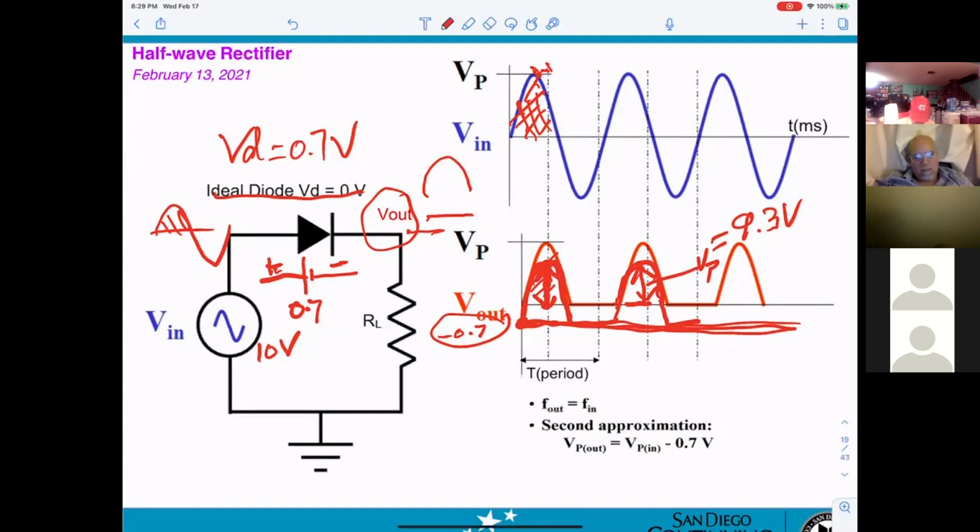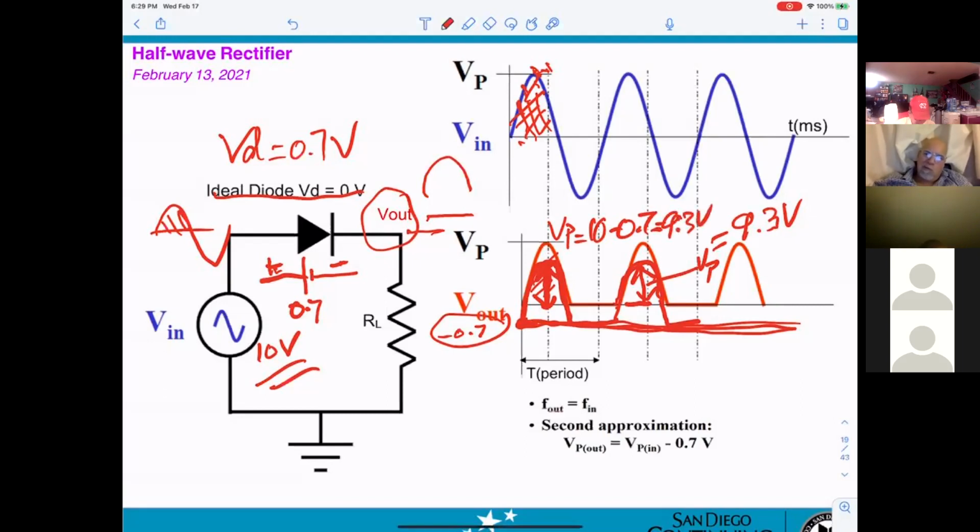If you get 10 volt, then V peak cannot be 10. No way. You start from 0, so you have to minus 0.7 from 10. That's why you get 9.3 volt.